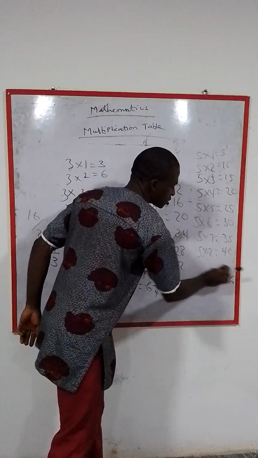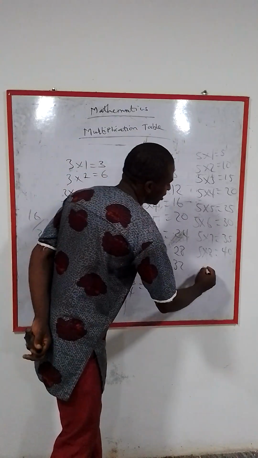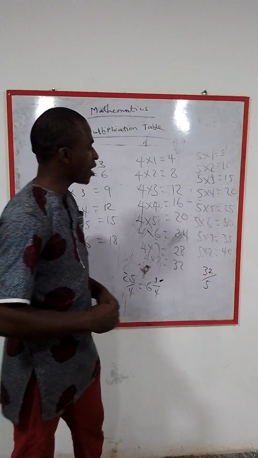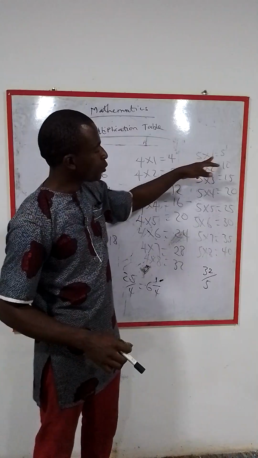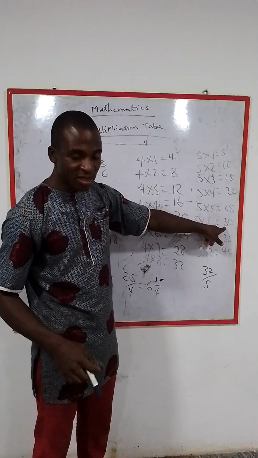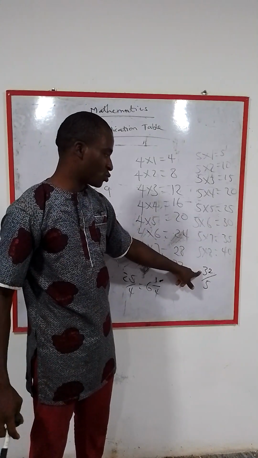What if it is a number that 5 cannot go into without a remainder? Let me say 32 divided by 5. Let's try it. When we check, we discover that the multiple up to 30 is 6. Then the next one would have been 35, which would have exceeded 32.